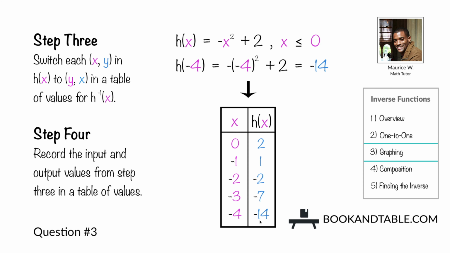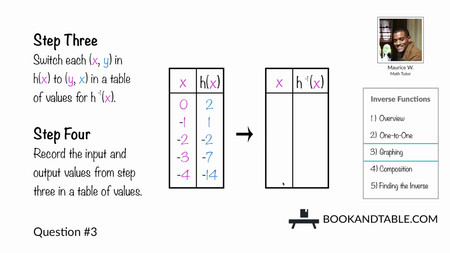And now, since we have a table of values for h of x, we can create a table of values for the inverse function. So we want to take the x, y values in each of the ordered pairs for h of x and switch them to create the table of values for the inverse function.